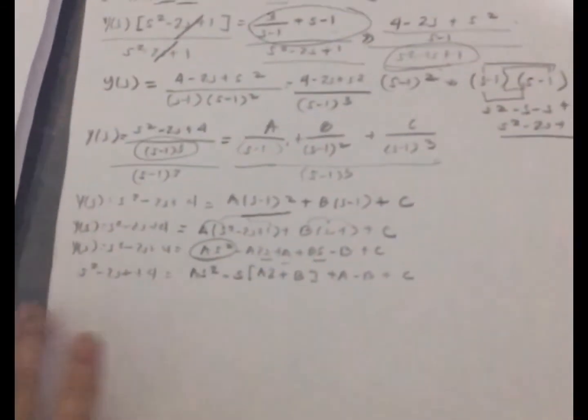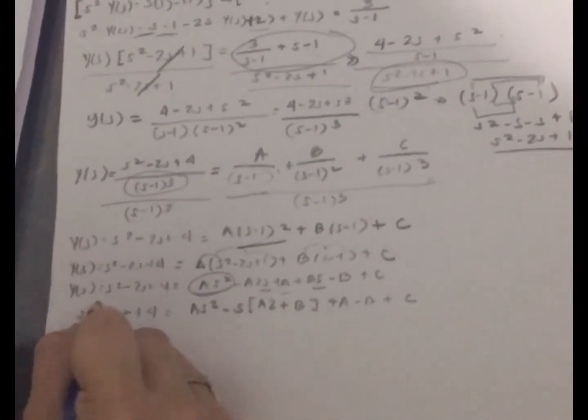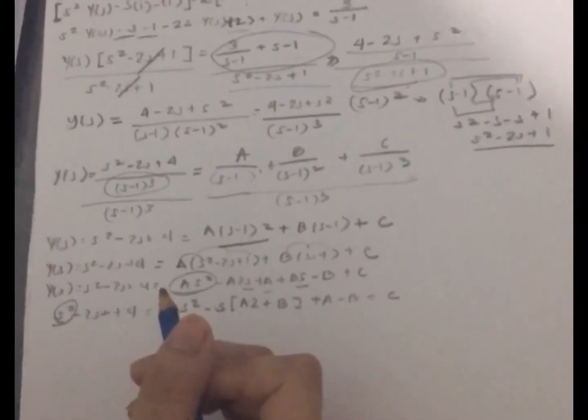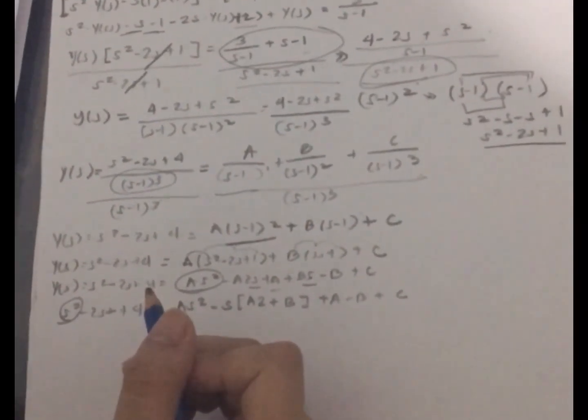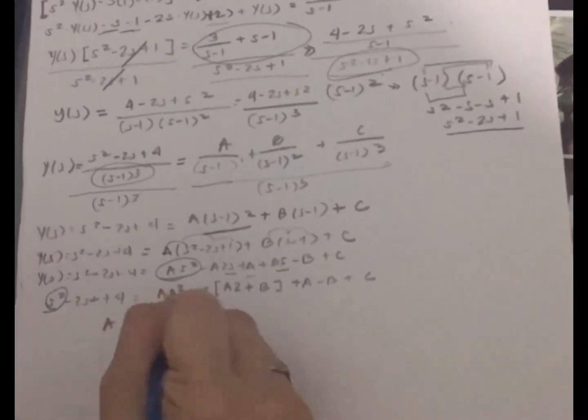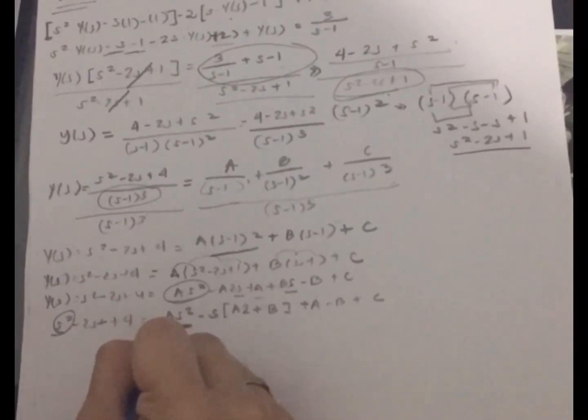On the left term, we have our s squared with a coefficient of 1. So we should conclude that our A, since it is the s squared, A is equal to 1.